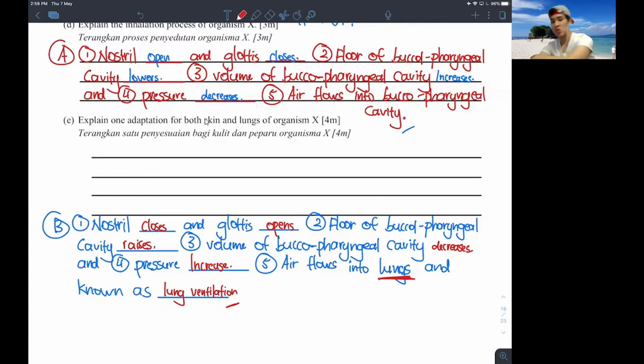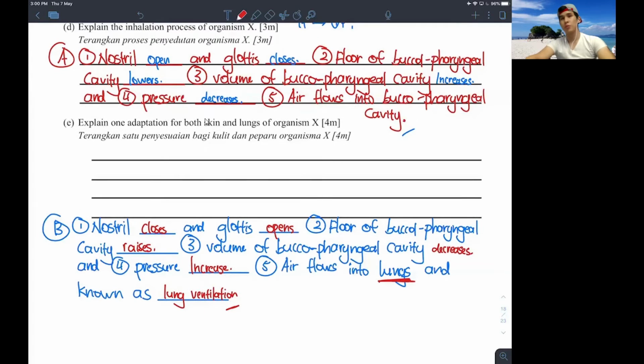Okay, so for the buccal pharyngeal cavity into lungs, you have to mention the process, lung ventilation. Okay, any problem with this one? Anybody still don't understand? Should be okay, right? Very simple. Okay, so next we look at E.